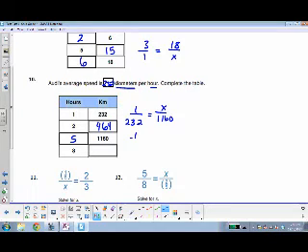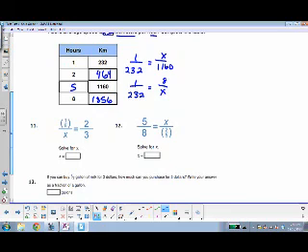Again, I can also set up another proportion. 1 over 232 is equal to 8 over x. I'll do 8 times 232 and then divide it by 1, and I'll get 1,856 as my answer.